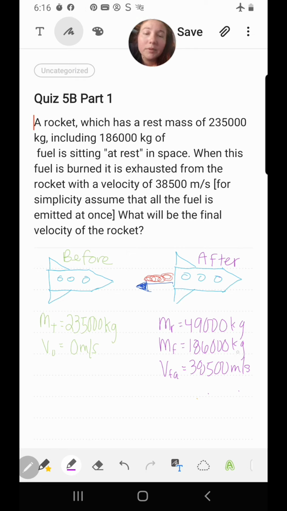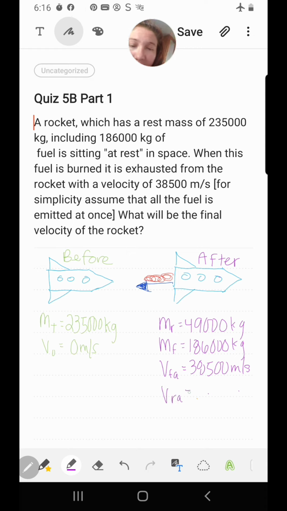And the velocity of that fuel is 38,500 meters per second. What are we trying to determine? Well, we need the velocity of the rocket.